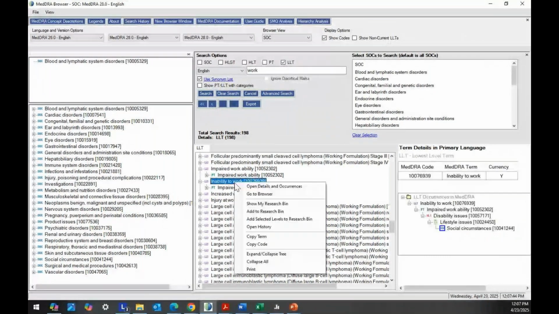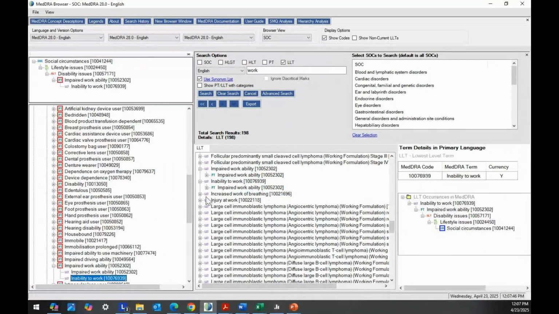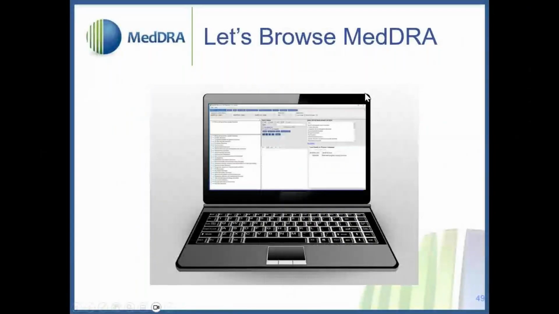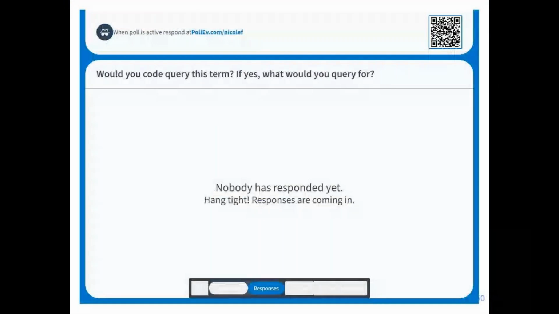For the inability to work, I feel 100% confident that the patient had a suspension from work. That means they are unable to work, or they have an inability to work. So I'm feeling pretty confident I can capture that with this term. Okay, so moving on, go to the next slide.